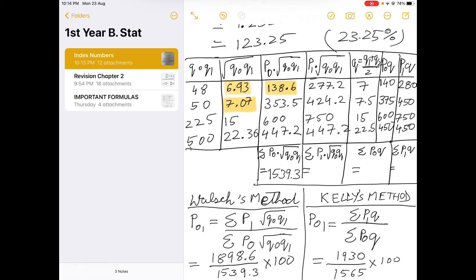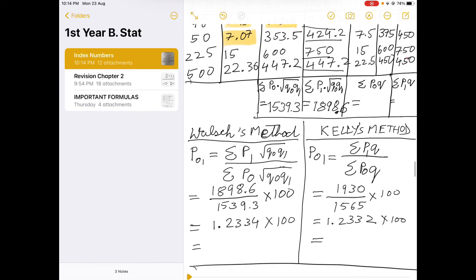So when we do that, we get the fourth column values of 277.2, 424.2, 750 and 447.2. We add them up to get the summation value of 1898.6.